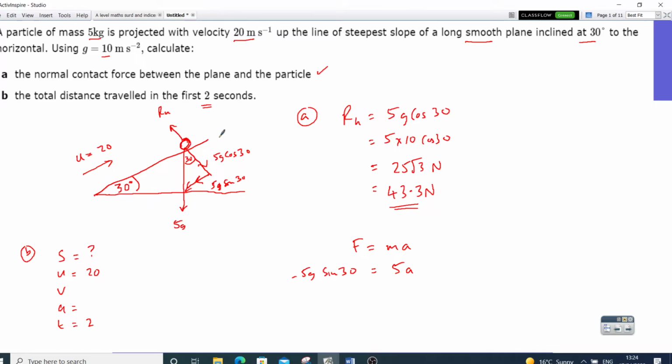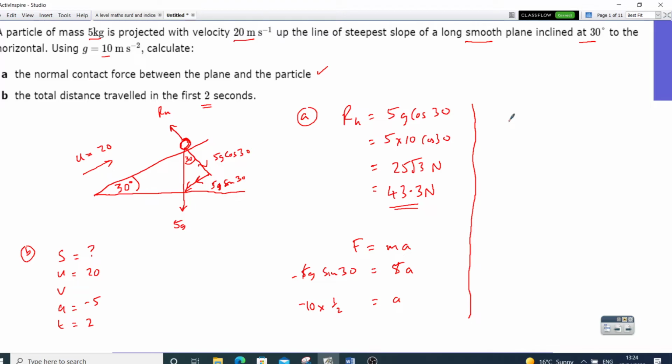So that's the only force coming down on it. To get the acceleration, divide that by 5. So with g as 10, that's minus 10, and sin 30 is a half, so acceleration will be minus 5 meters per second squared.